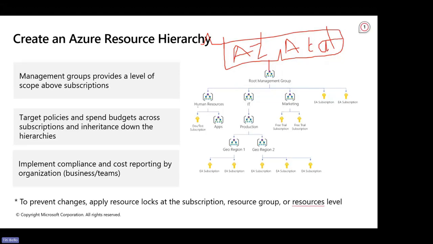If you look at this place, you will see management group for HR, you see management group for IT, you see management group for marketing, and then we have some other subscription that are here. This particular subscription, the environment is an enterprise subscription for customers. They have purchased their subscription through the enterprise agreement, right?